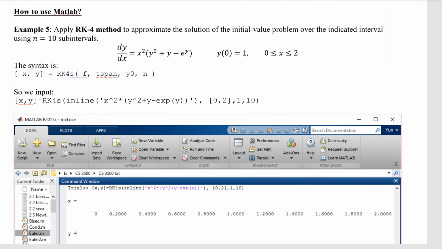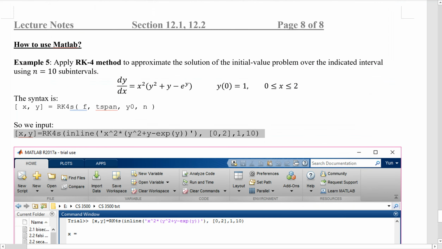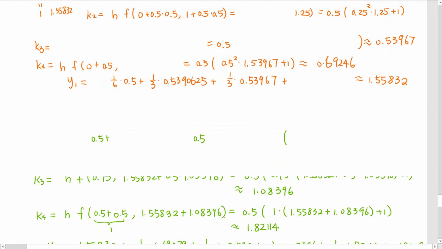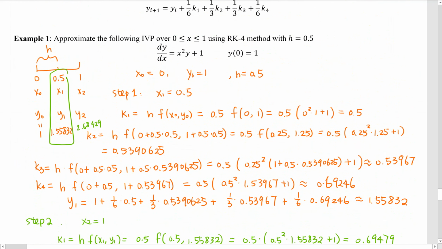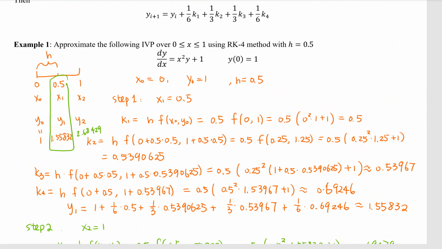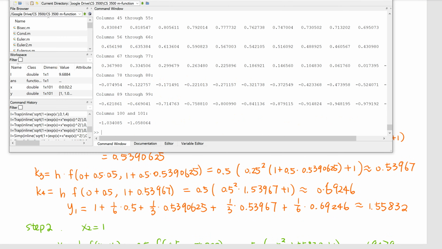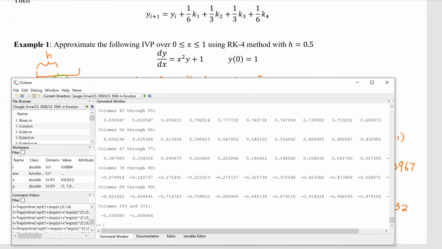Okay, so let's check our work. We have spent 20 minutes on this example. Let's check it and see whether we're right. So, Runge-Kutta method, and here we're using n is 2. Yeah, only 2 steps.